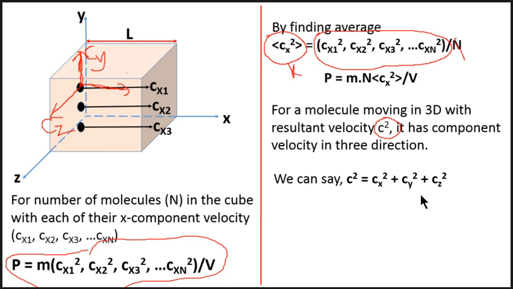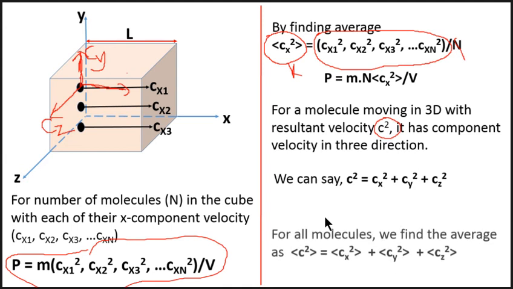Now, this is just for a molecule in 3 dimensions. If I'm considering all the molecules, I'm having more than one molecule now, 3 molecules moving in x, y, and z. Definitely, I will need to find the average, or the mean square velocity, of each component.